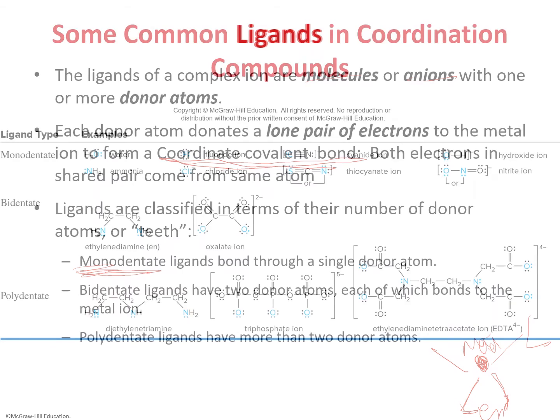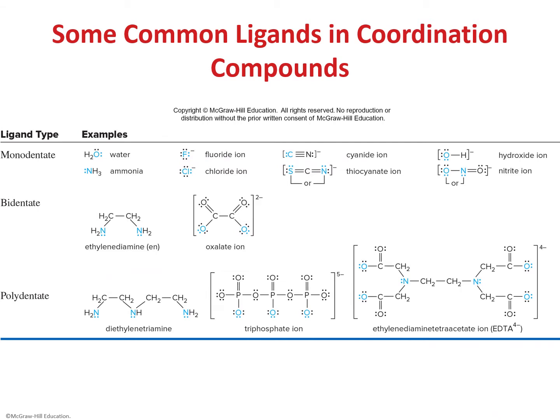Now let's look at some common ligands in coordination compounds, and you need to be able to differentiate between them. You should at least know their names. I don't expect you to know their formulas, at least not for the ones at the bottom, but you should definitely know their names, and you should be able to recognize them when you see their formulas written out.